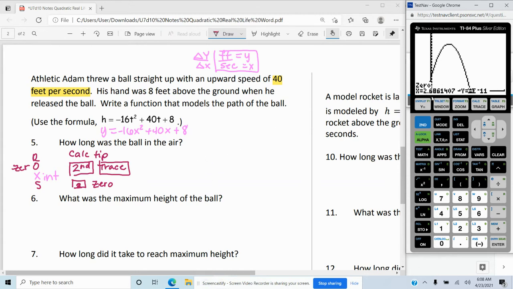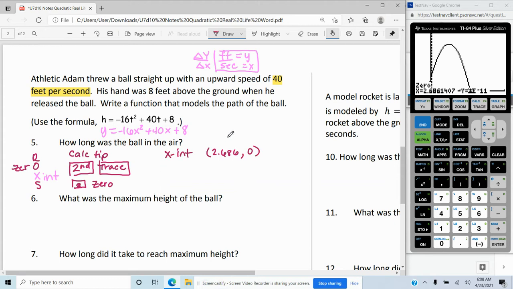I like to usually look for a number that's 4 or less before stopping. So my zero, my x-intercept, is going to have a value of 2.686, comma 0. Whenever it has the E, that scientific notation, it means it's either a really big number or really small. It's pretty close to 0.